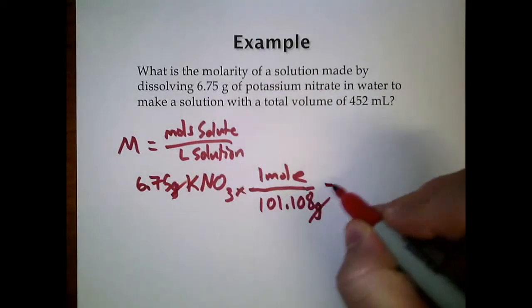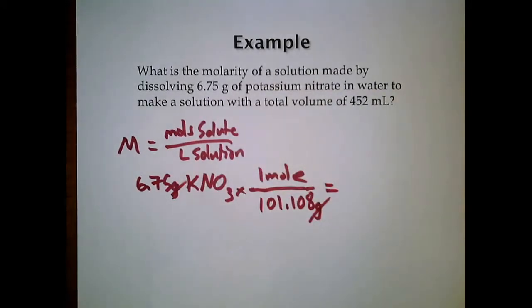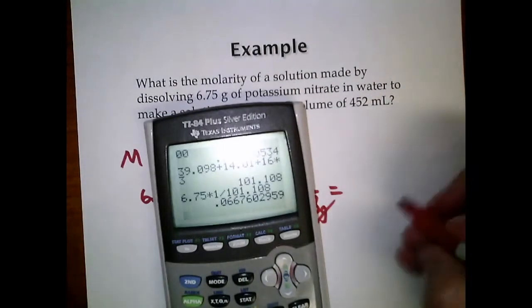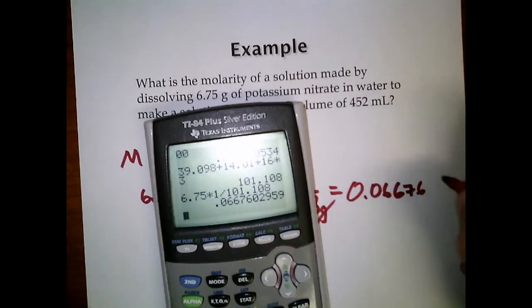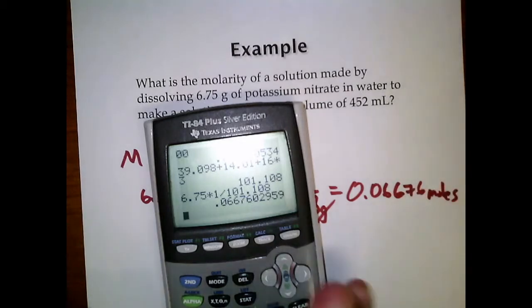Grams cancel, so I've got 6.75 times 1 divided by 101.108 gives me that answer right there, 0.06676, so on and so forth, moles of potassium nitrate.